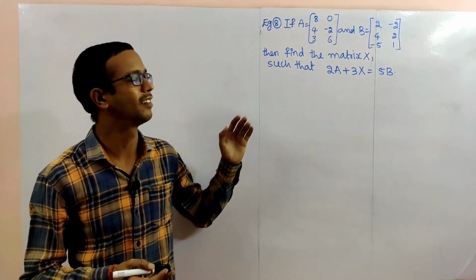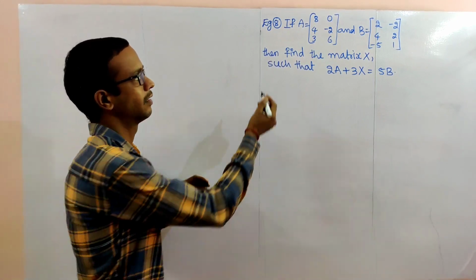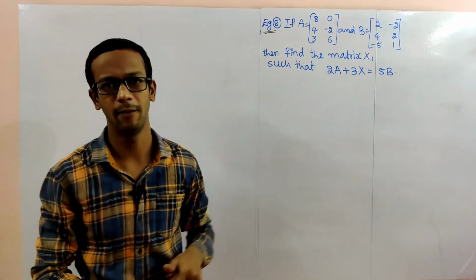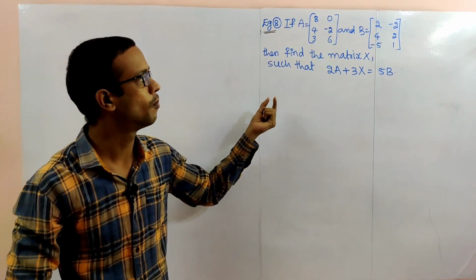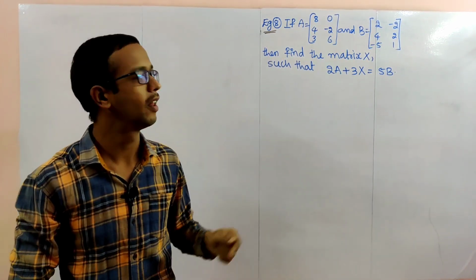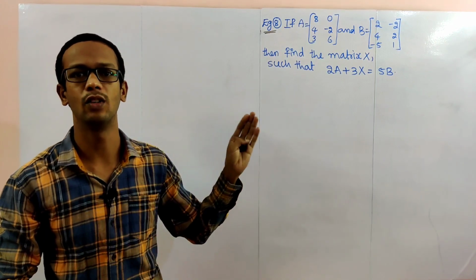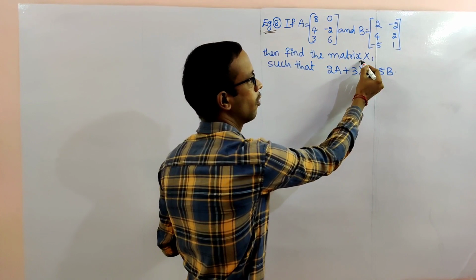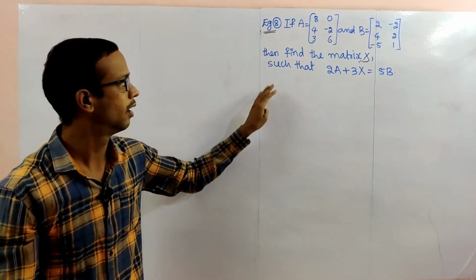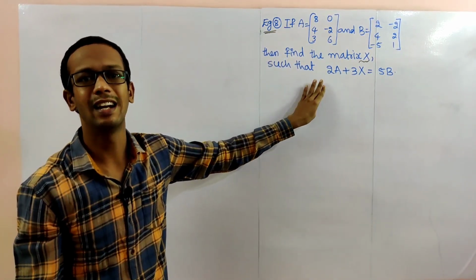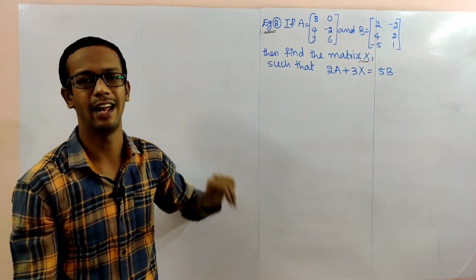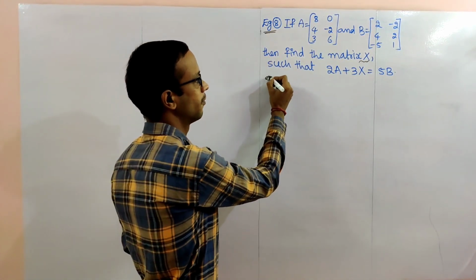Next, example 8. If A and B are given, 2 matrices of the same order, 3 by 2 matrices, 3 rows, 2 columns, then find the matrix X such that by this condition, we have to find the matrix X. So very simple here.